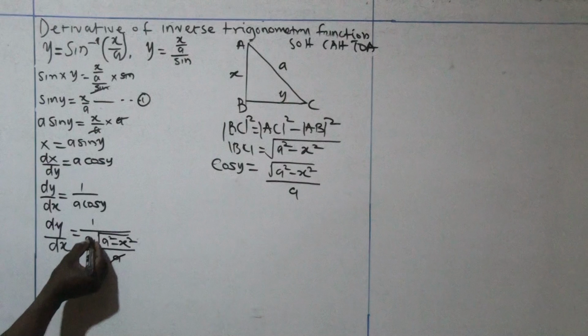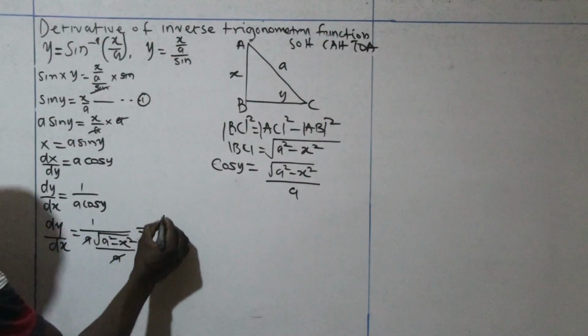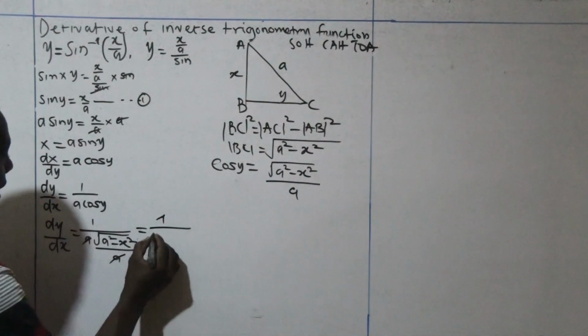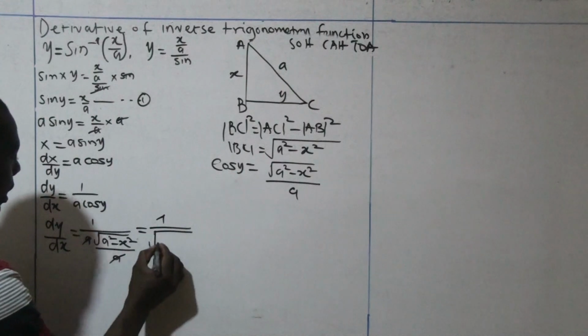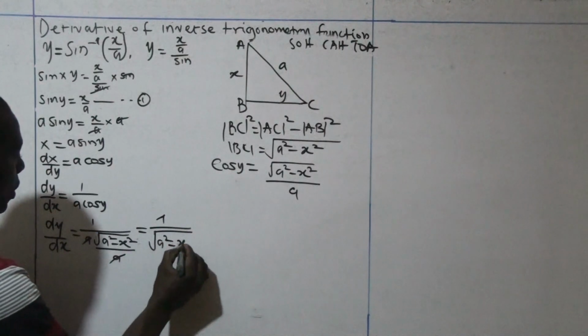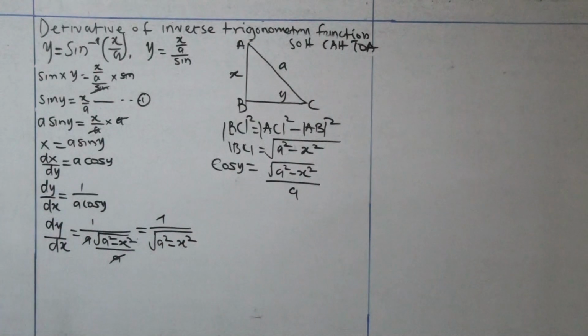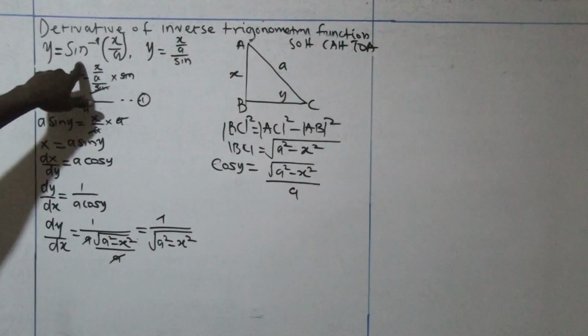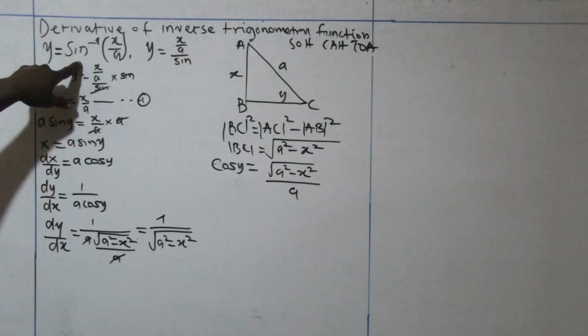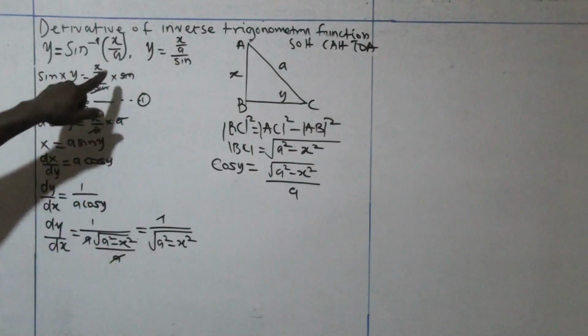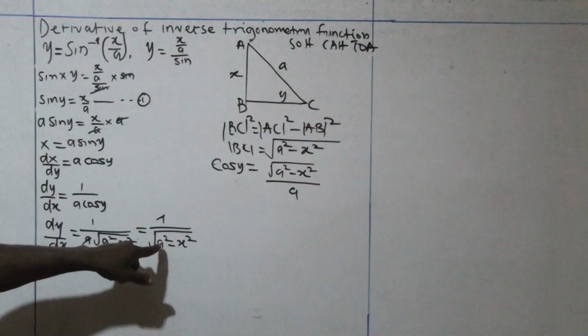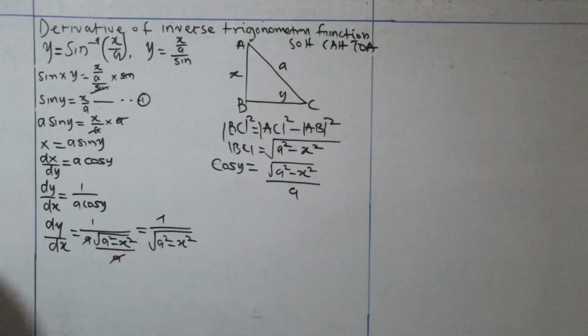Here, this a will go with this a, and everything eventually becomes 1 divided by the square root of a squared minus x squared. So this is the derivative of sine inverse of x over a: 1 over the square root of a squared minus x squared.